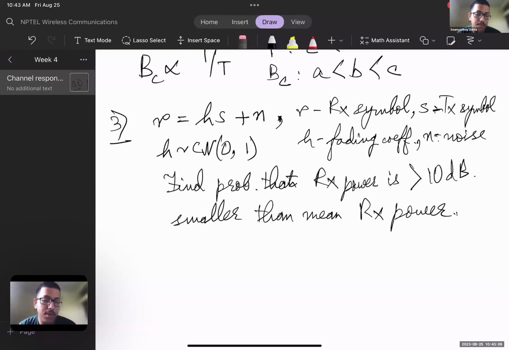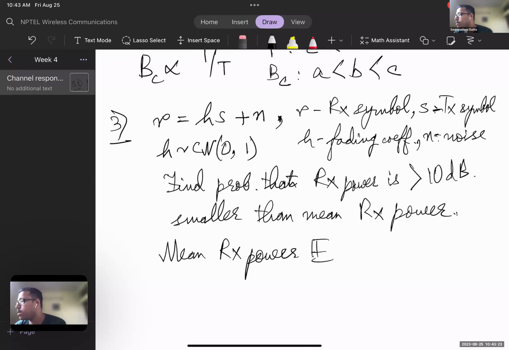So let us then calculate the mean receive power. The mean receive power is nothing but the expectation of modulo R squared. We know that the symbol, the fading and the noise are independent of each other, which means they are uncorrelated, and so I can simply add their magnitudes.